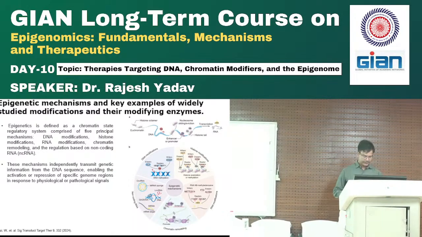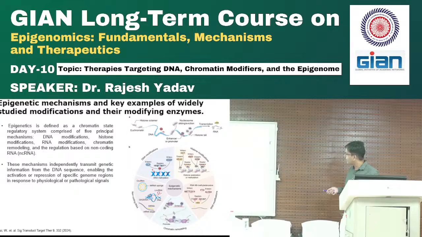So this is basically telling you, you have read all about this. There are different types of epigenetic mechanisms, and since this class is geared toward understanding therapy, your therapy could arise from non-coding RNA, it could arise through chromatin remodeling, it could come through RNA modifications, and of course through DNA methylation.